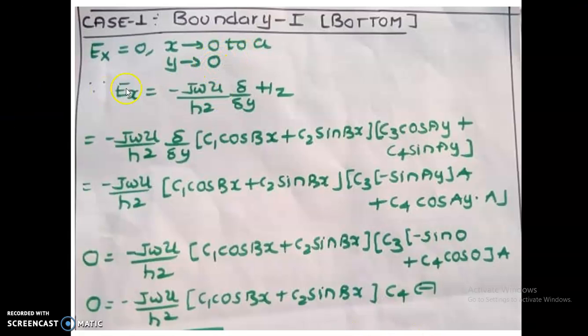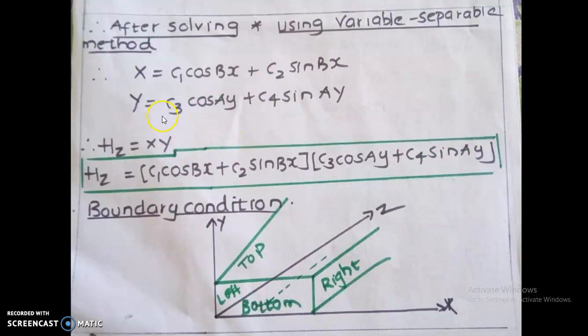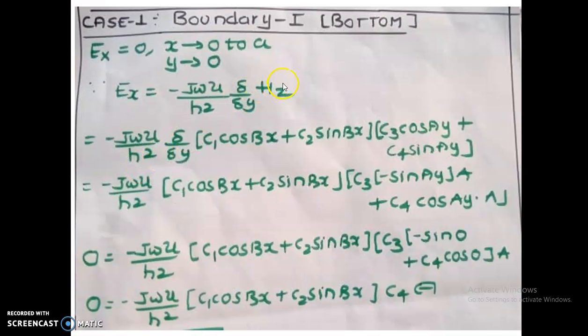Now what you have to do here is that, as you know, this is Ex, where Ez is equal to 0. You know what Hz is, so you substitute Hz and take the partial differentiation with respect to y. Once you do the partial differentiation, all are constant except the y terms. So cos becomes minus sine, sine becomes cos.